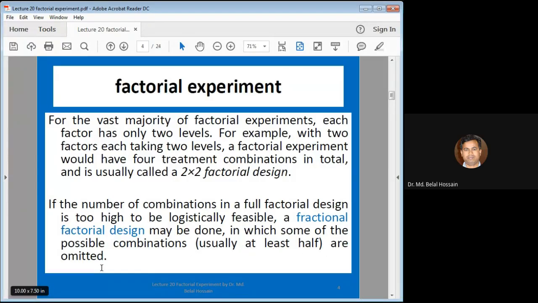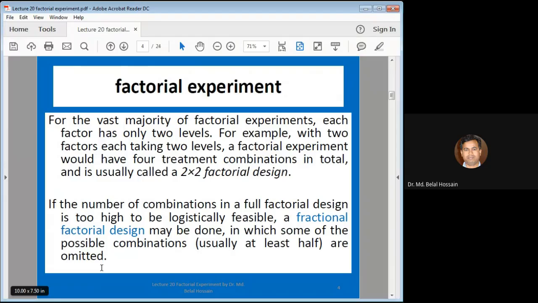Okay, you may not get all the logistic supports to get values from all treatment combinations, but you may also lose some information or data or values because of some natural disaster.